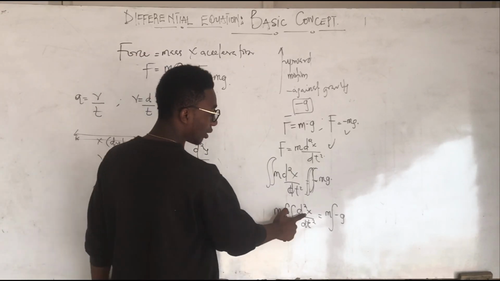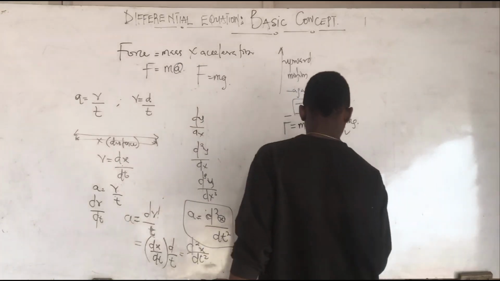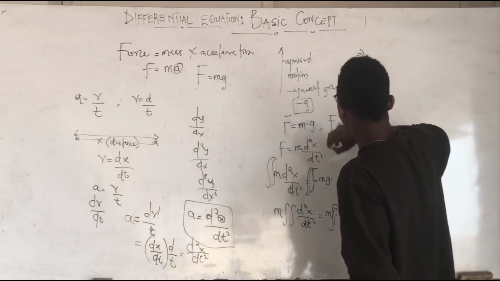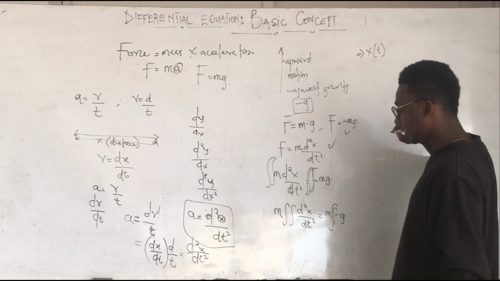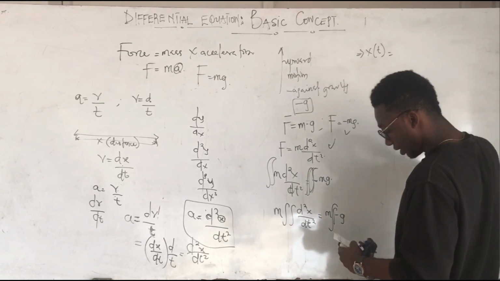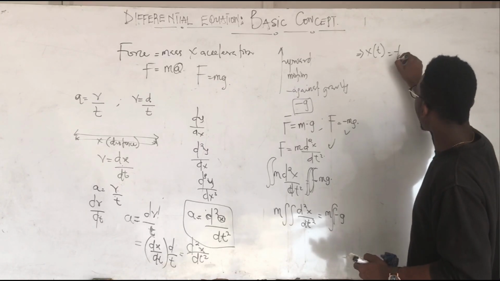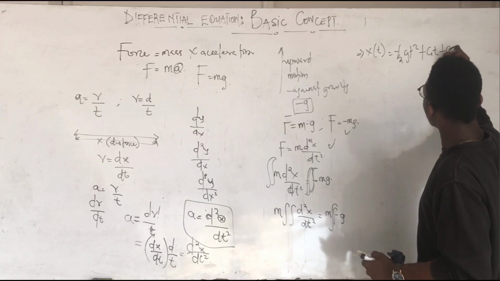This is with respect to t squared. After this double integration, we will be getting x as a function of t, which will be equal to negative half g t squared plus c1 t plus c2.